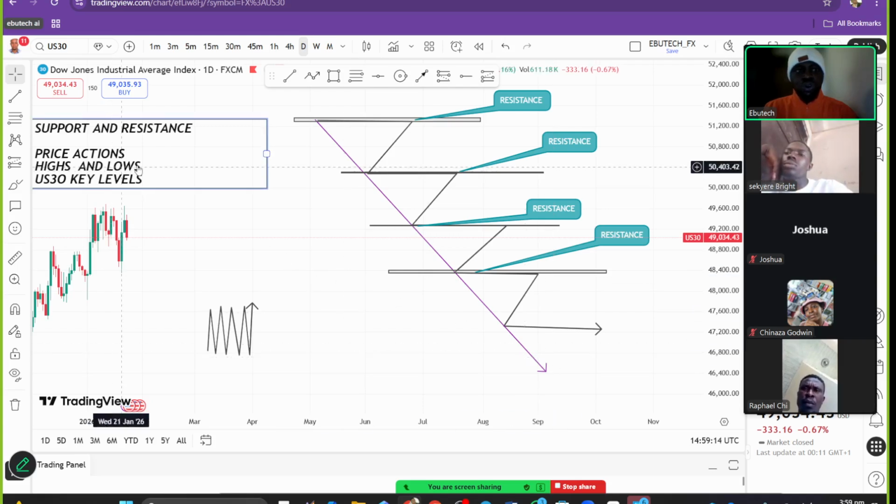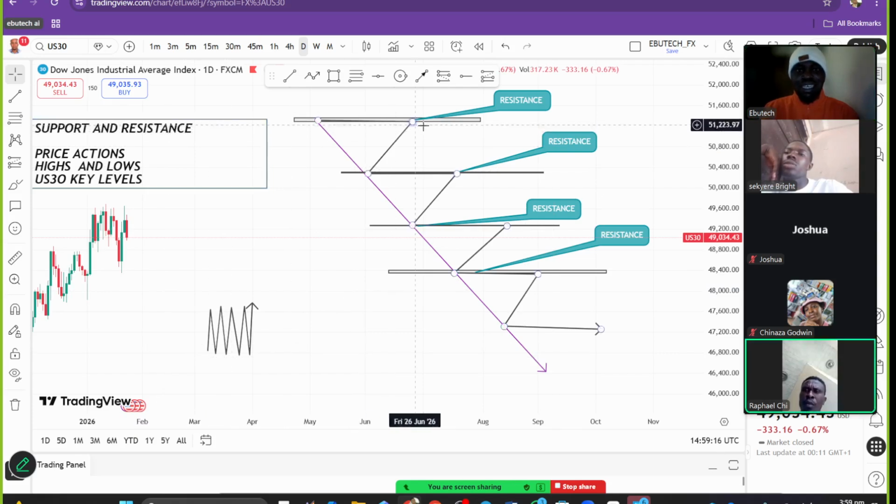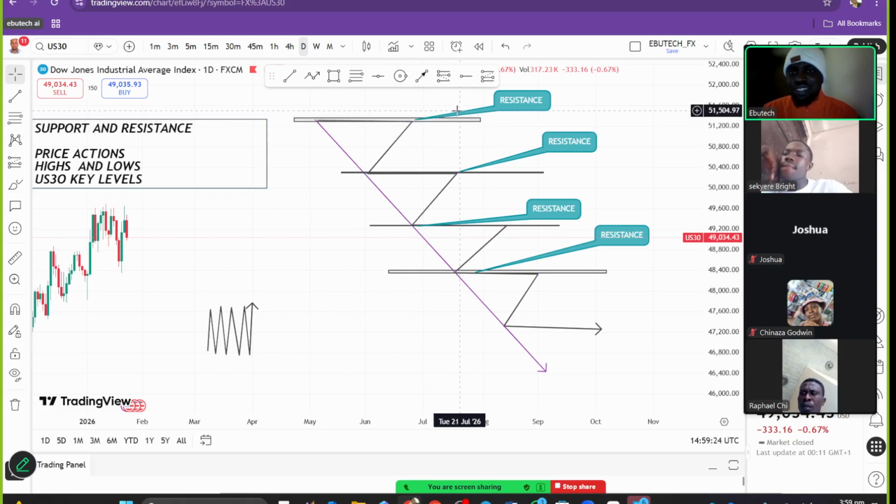Understood? Resistance level is where the sellers are. Forget about the big grammar. This is where the sellers are. You understand? Resistance level is where the sellers are.